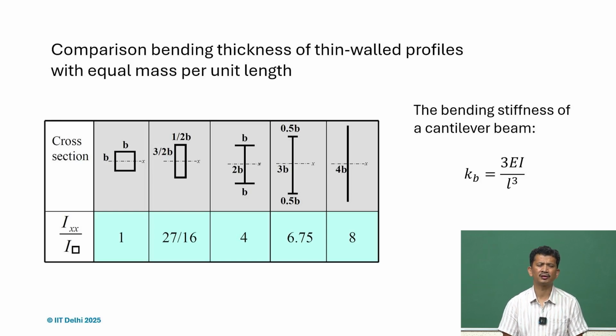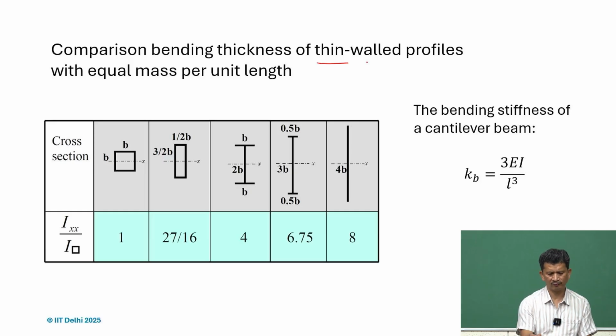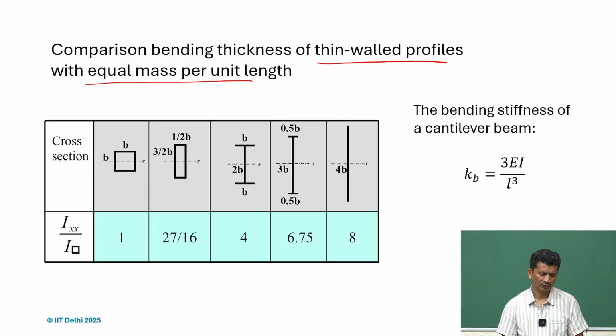So, for instance, if there is a bending load, how to maximize the stiffness? If we just try to compare, we take thin wall profiles with equal mass per unit length. So, what we are trying to do is use a similar kind of construction, so weight-wise it is the same, equal mass per unit length. Length is also fixed, all other parameters are fixed.